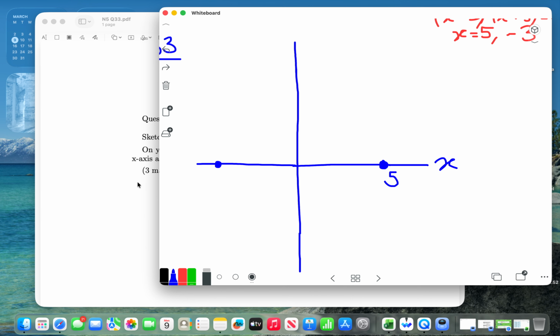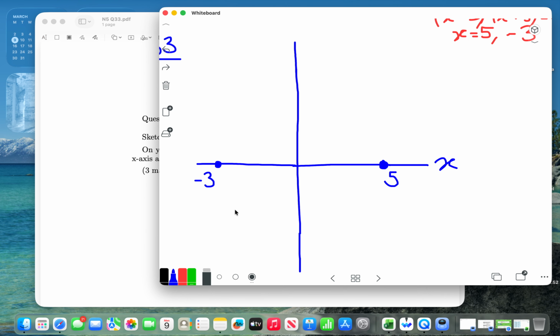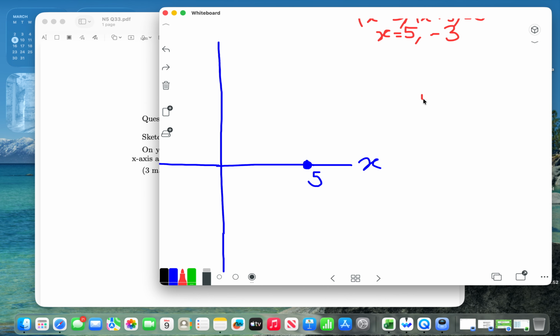And you want to label the points on the parabola. So this is a quadratic parabola we should be getting. And the next thing we want to find is the y-intercept. To get the y-intercept, you want to make x equal to 0.